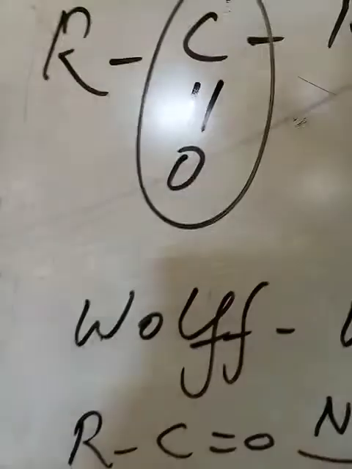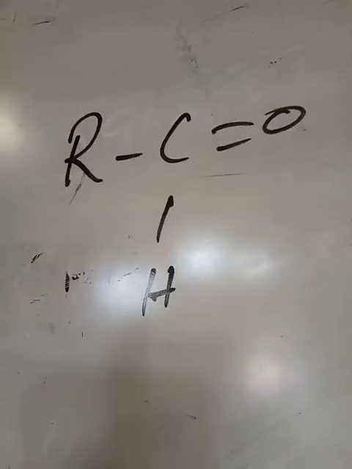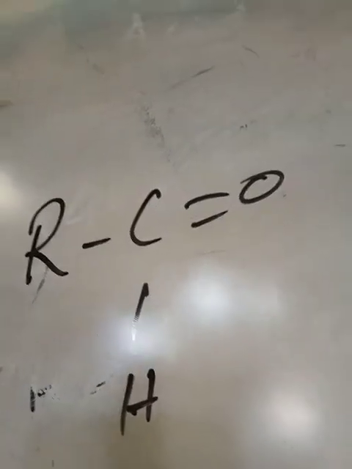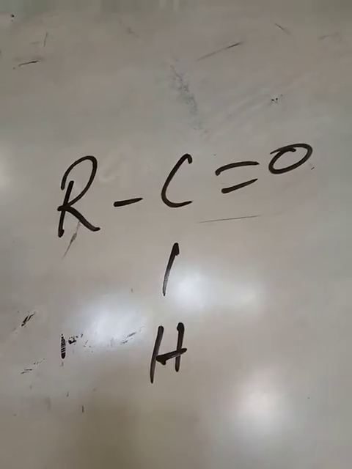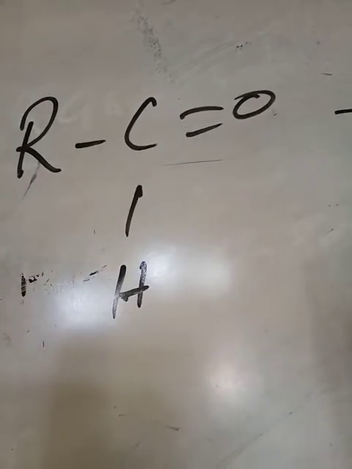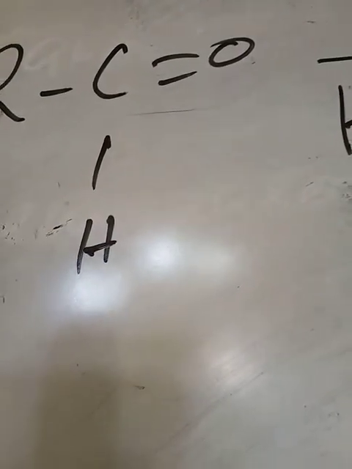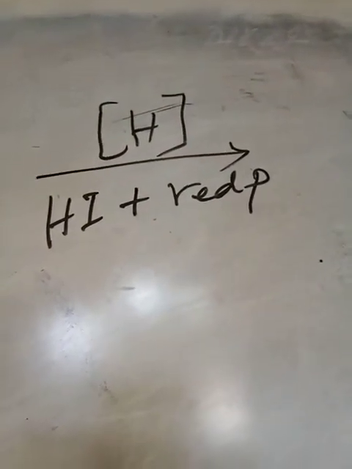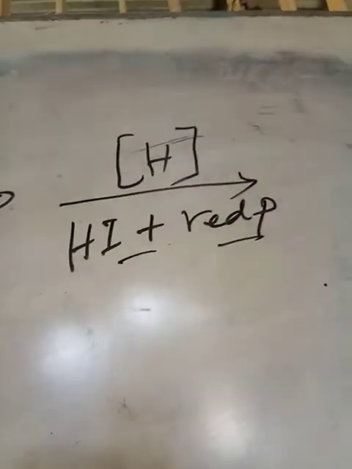Another process by which aldehydes and ketones can be reduced to alkane. Say R, C double bond O, H. This is taken as an aldehyde, process number C. If it is reduced, this is the sign of reduction, with hydrochloric acid plus red phosphorus. The reducing reagent is red phosphorus and hydrochloric acid.